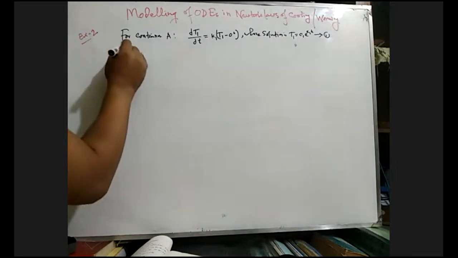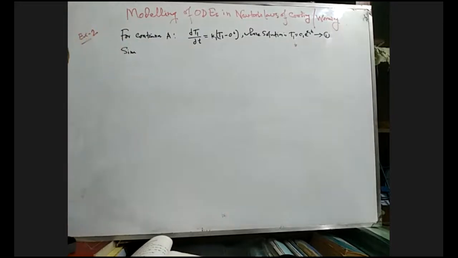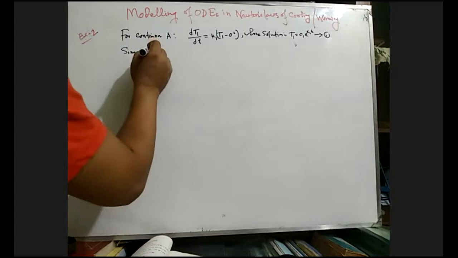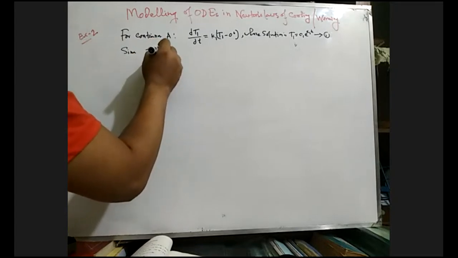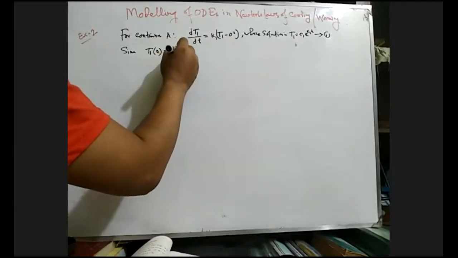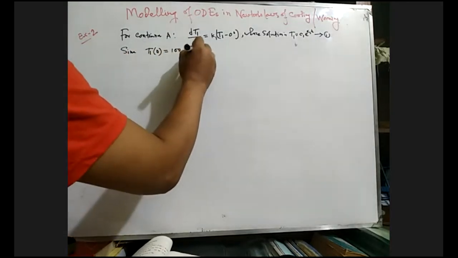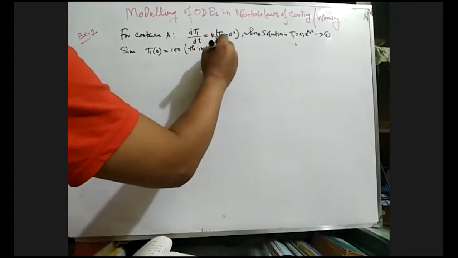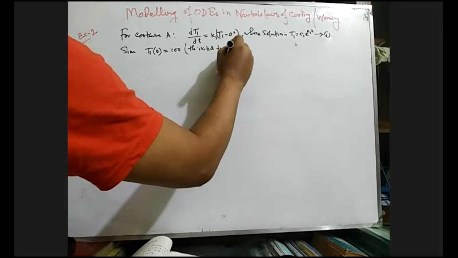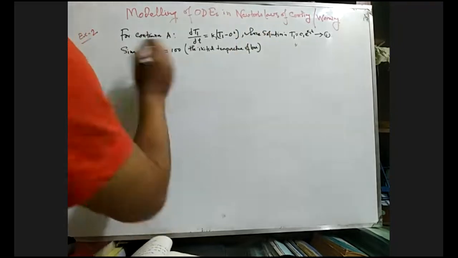At time 0, the temperature was 100 degrees, which means the initial temperature of the metal bar is 100.